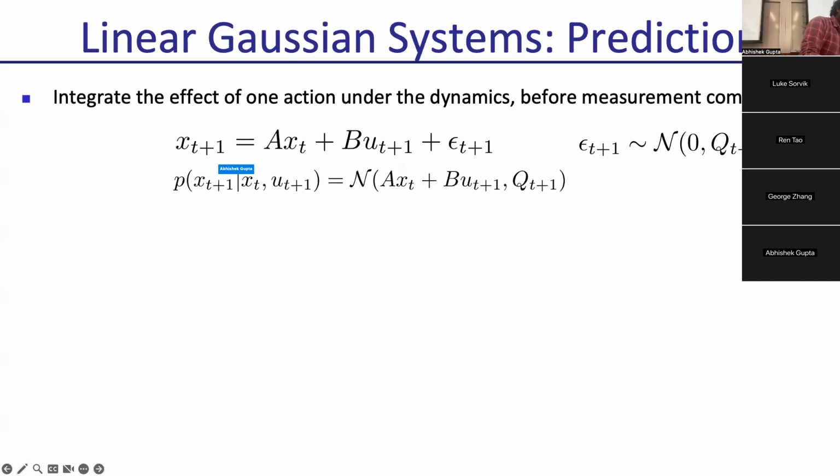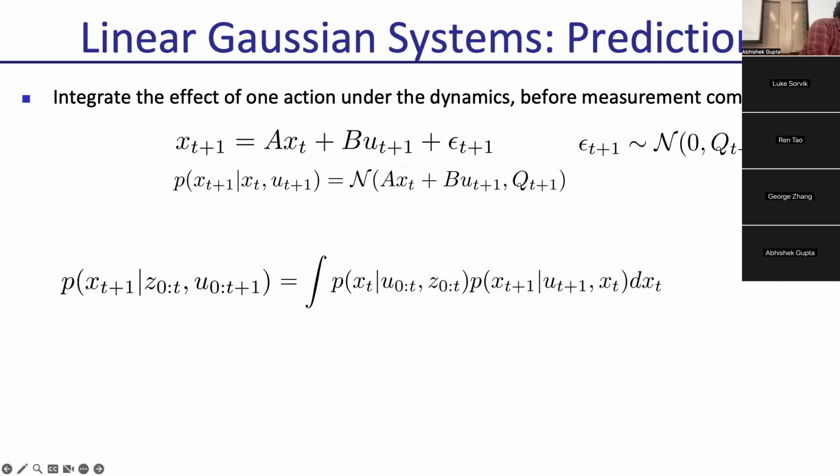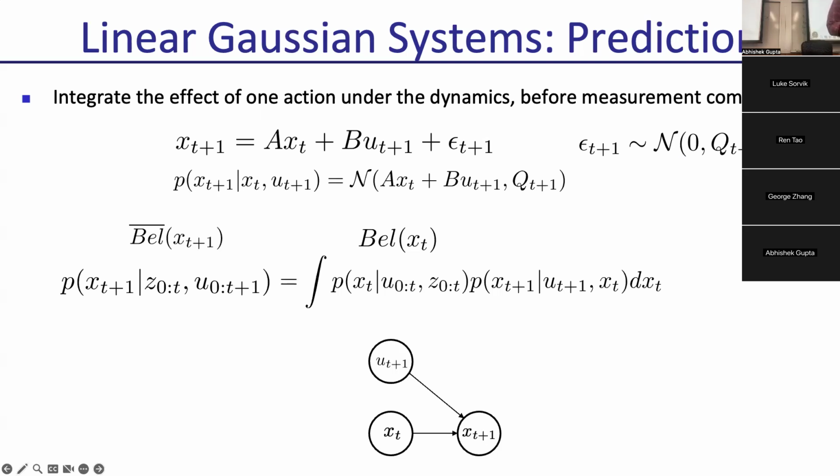What we're trying to work out is how to incorporate just one action without incorporating the next measurement. We're trying to go from belief to belief bar by solving this integral. We're not going to work through the integral, but we're going to do a little pattern matching to our previous identities.